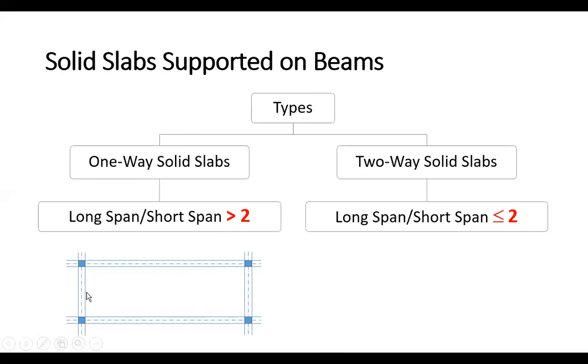If the long span divided by the short span is greater than 2, we classify this as a one-way solid slab. If it is less than or equal to 2, we call this a two-way solid slab.